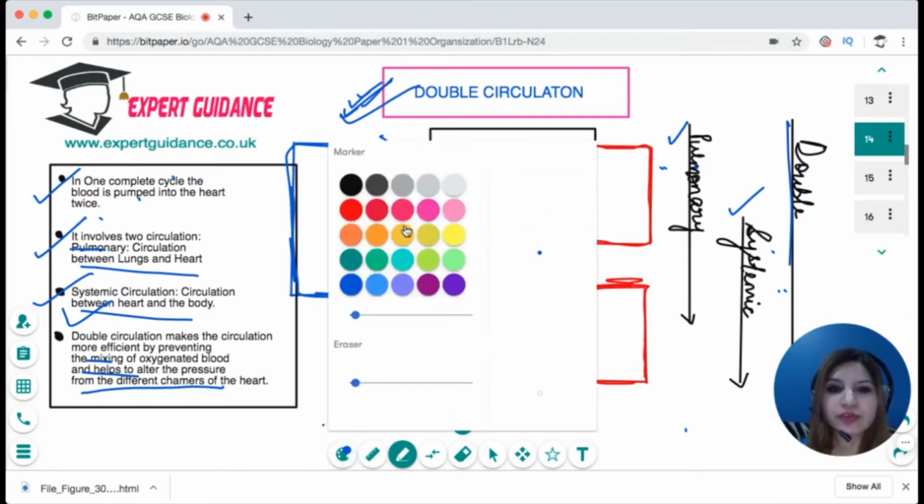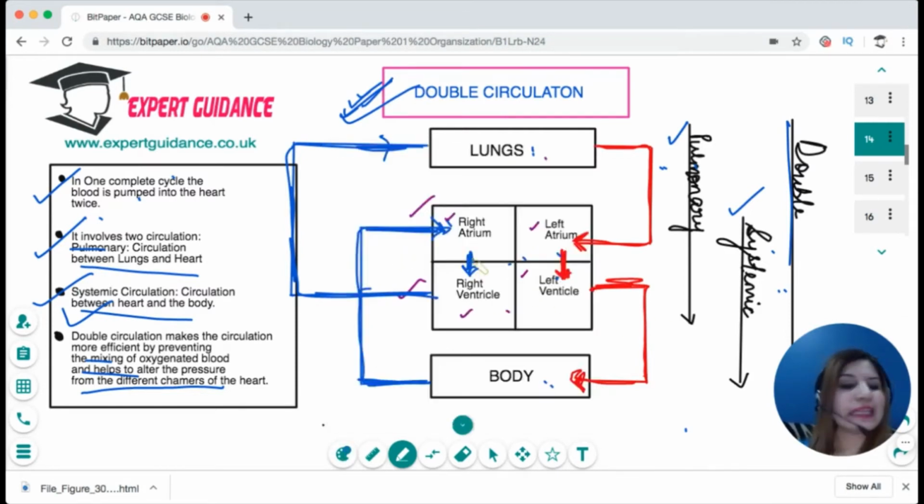Now, to label the vessels, always remember anything that brings the blood to the heart will be a vein, and anything that takes the blood away from the heart is an artery. So in the first case, the blood is coming to the heart from the lungs. So this has to be a vein. And since it is the vein associated with the lung, it has the word pulmonary associated with it, the pulmonary vein.